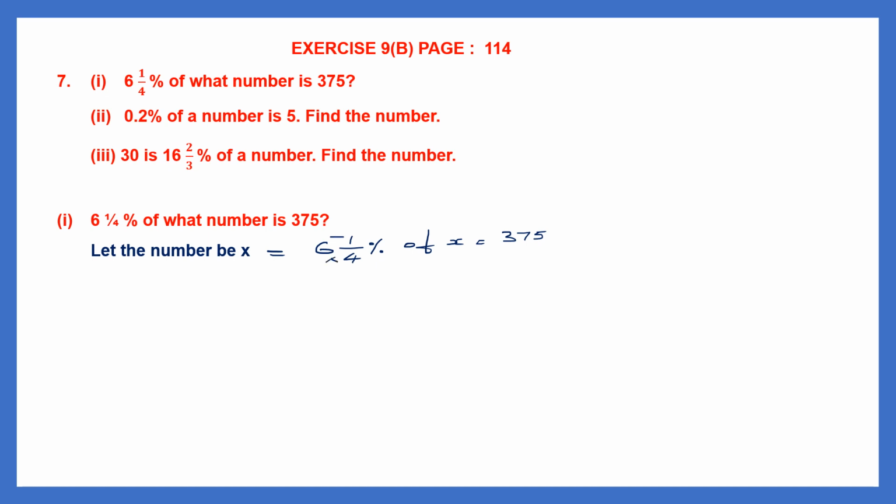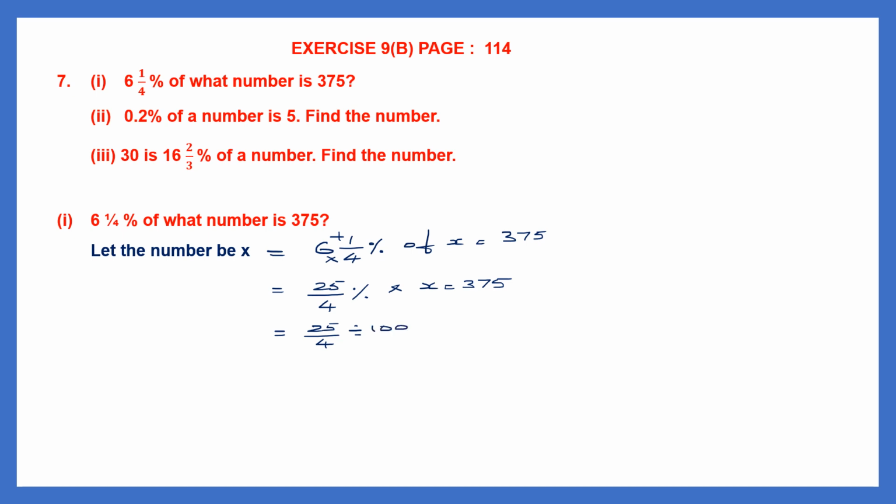So first let's convert this. 6 fours are 24 plus 1 is 25. So this becomes 25/4% of, which means multiplication, x is equal to 375. Now 25/4% means 25/4 by 100, or 25/4 divided by 100.